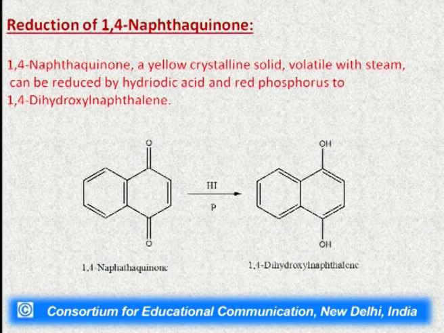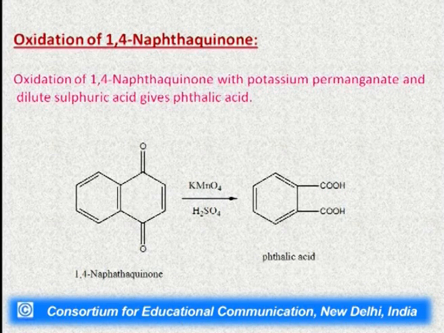This 1,4-naphthoquinone can undergo reduction to give us 1,4-dihydroxynaphthalene. These 2 carbonyl groups will be reduced in the presence of hydroiodic acid and red phosphorus, which will give us the reduced product called 1,4-dihydroxynaphthalene. This 1,4-naphthoquinone can also undergo an oxidation reaction.